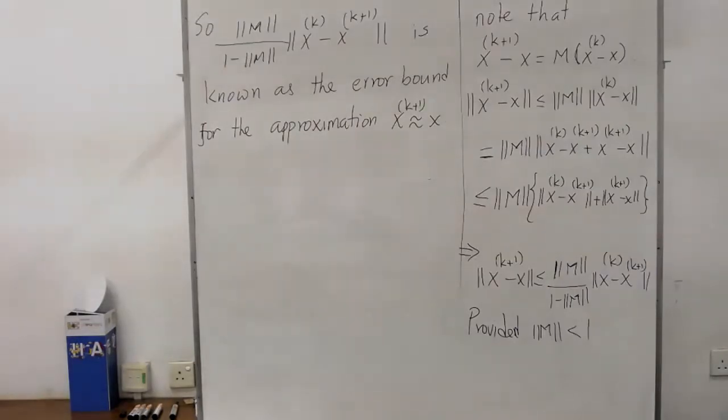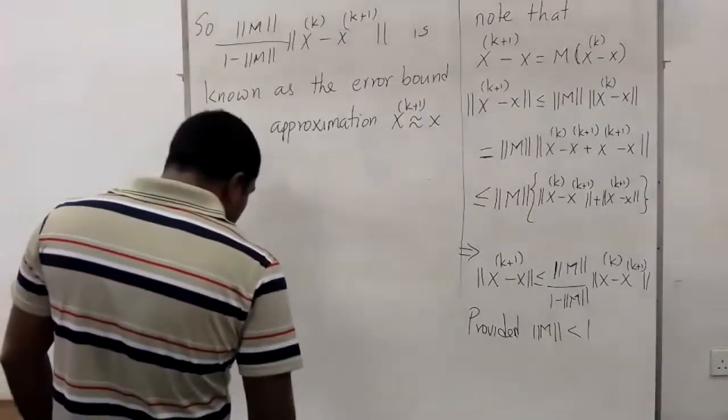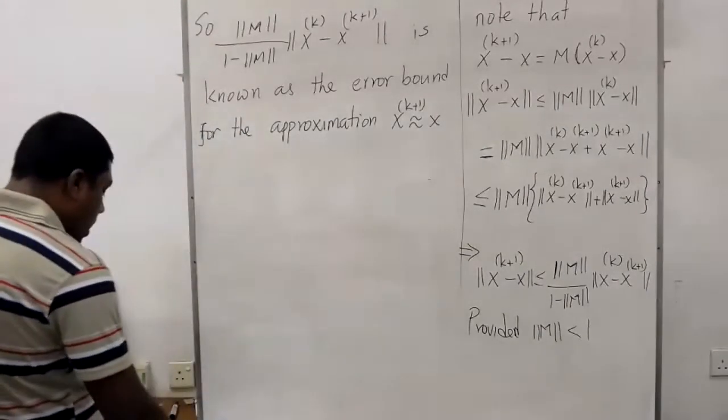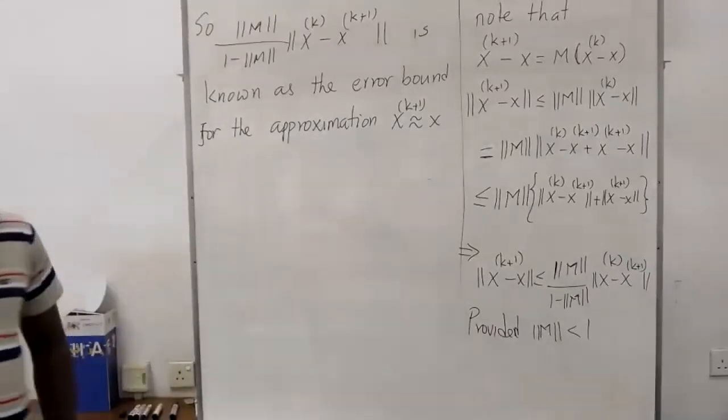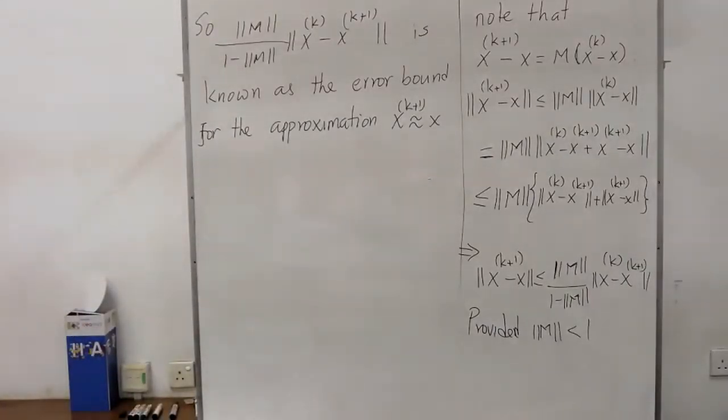You know different types of iterative matrix for Gauss-Seidel method, Jacobi method, and successive over relaxation method, so you can always change the iterative matrix according to the method we are using and derive the error bound accordingly. So this is how we do the problem.